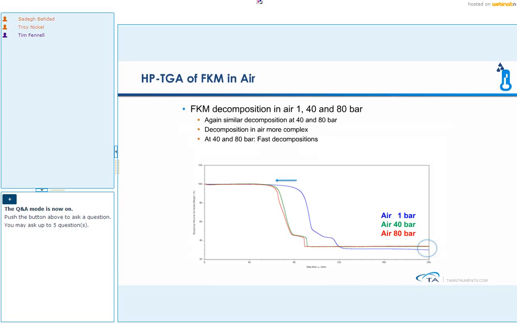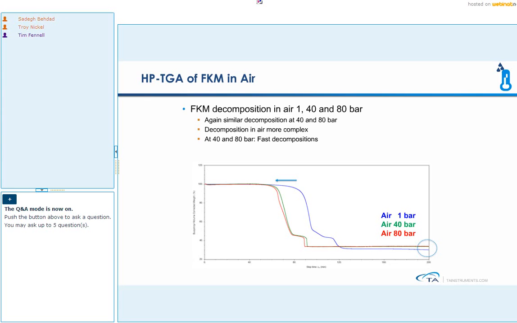Going to the next plot, now we are doing the same test, increasing pressure levels in air and looking at our sample behavior. In air, we observe the same trend: again, similar decomposition, with a significant decrease in temperature when you go from 1 bar to 40 bar and 80 bar. But between 40 bar and 80 bar, there isn't as big of a difference.